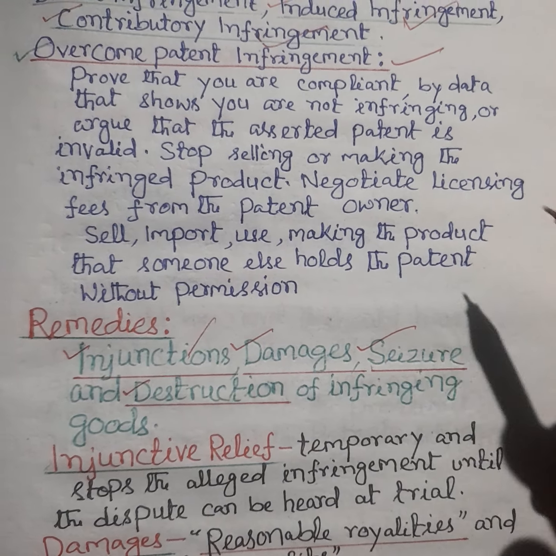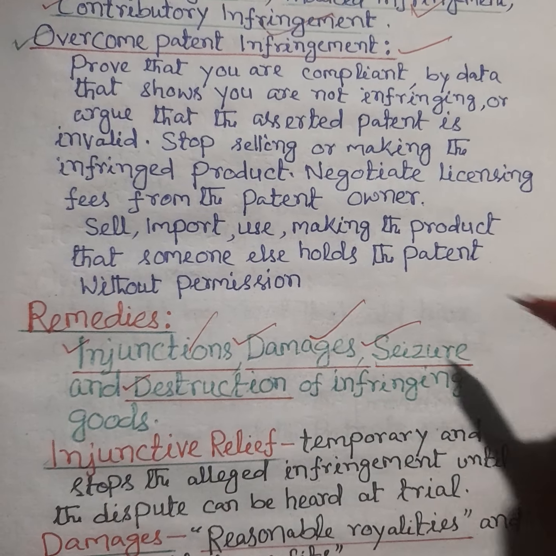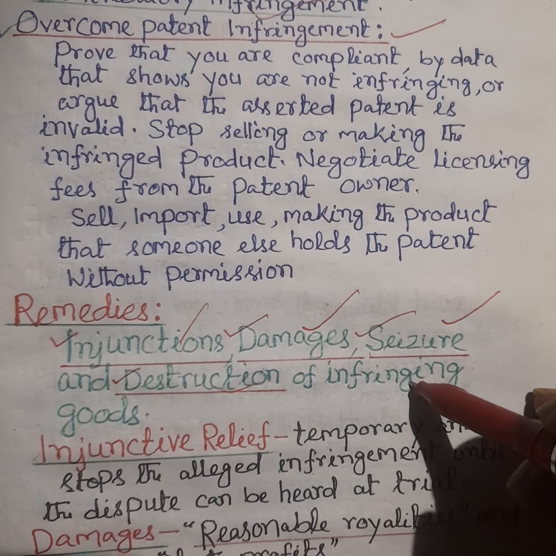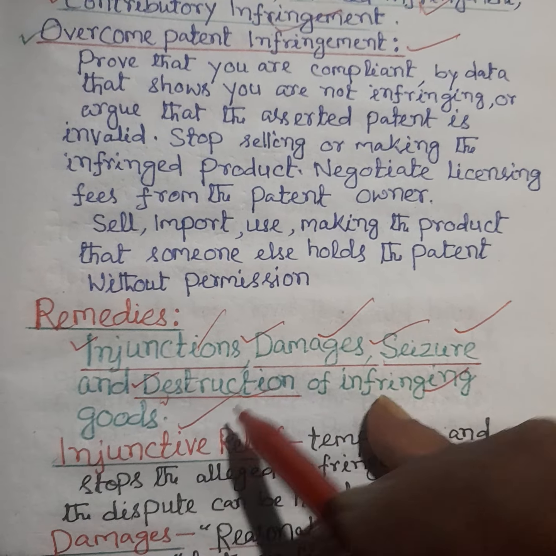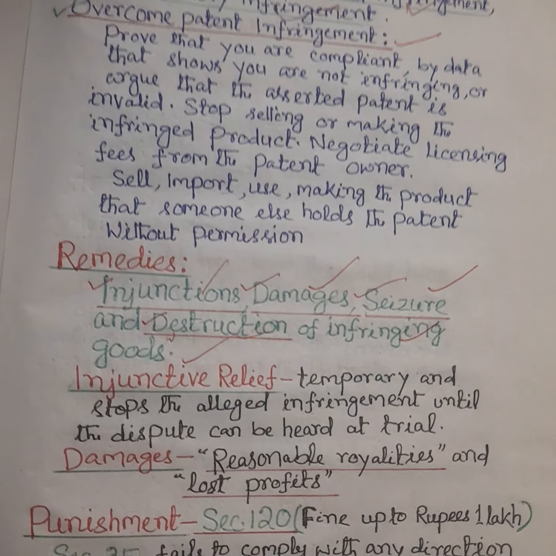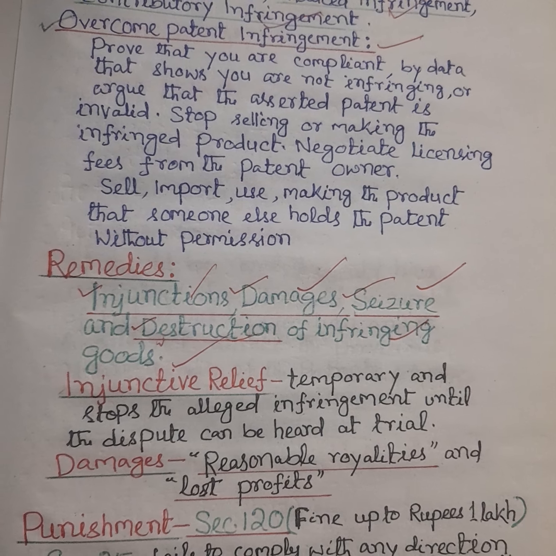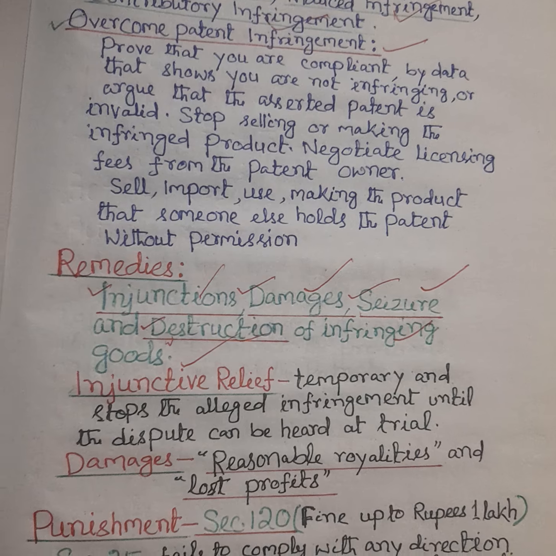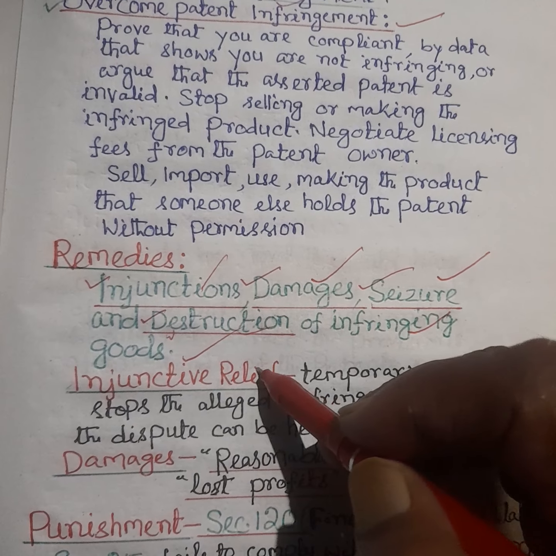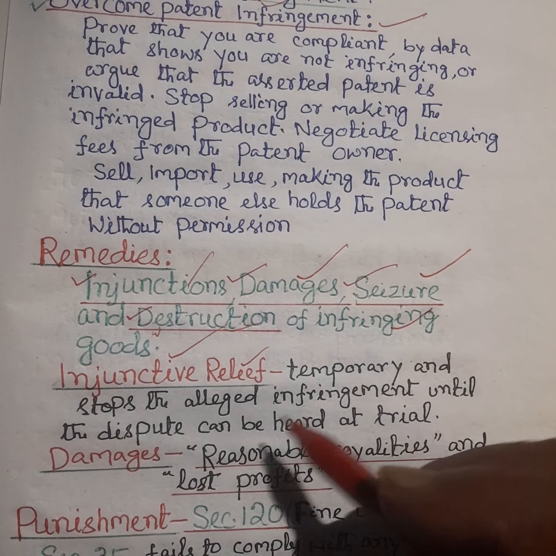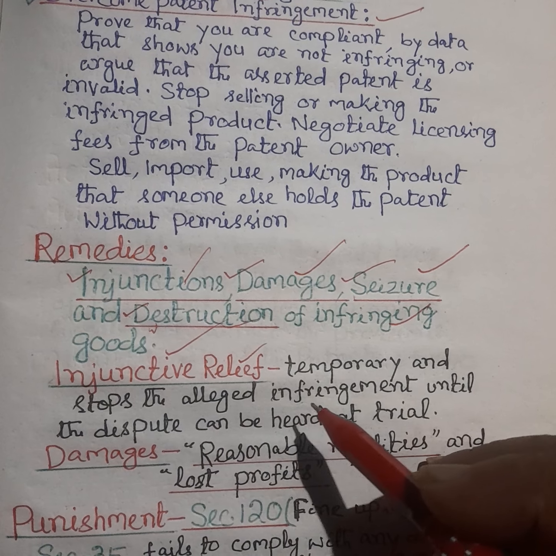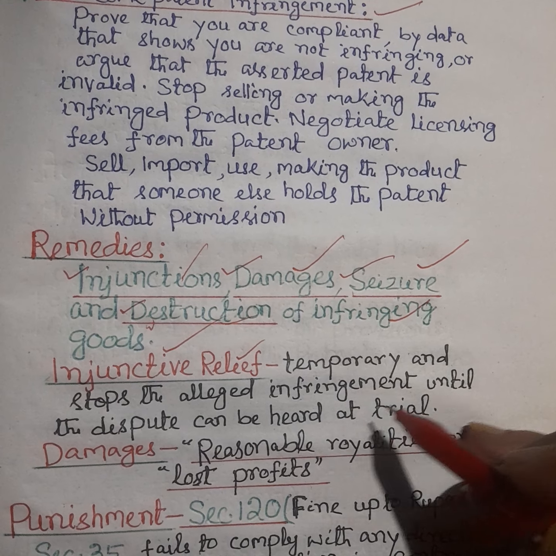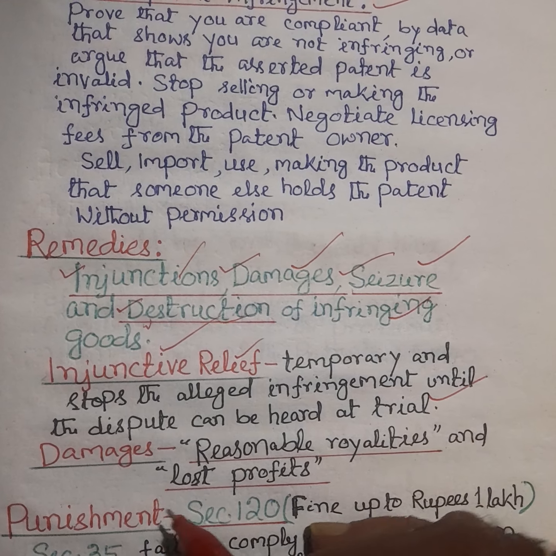One is injunction, the second is damages, and the third is seizure and destruction of the infringing goods. So, these are the civil remedies available to the original patent holder. The injunctive relief is temporary and it stops the alleged infringement until the dispute can be heard in court.